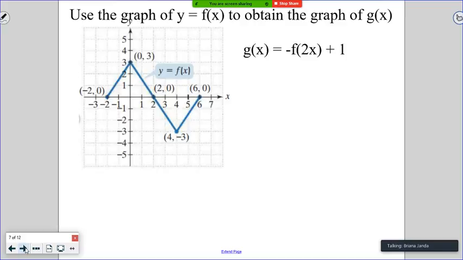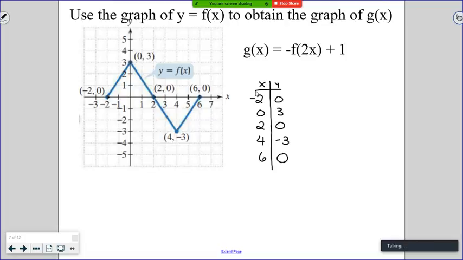So what I would do first on this is just come over here, create an XY table from the nice pretty dots in this picture, which are -2, 0, 0, 3, 2, 0, 4, -3, and 6, 0.